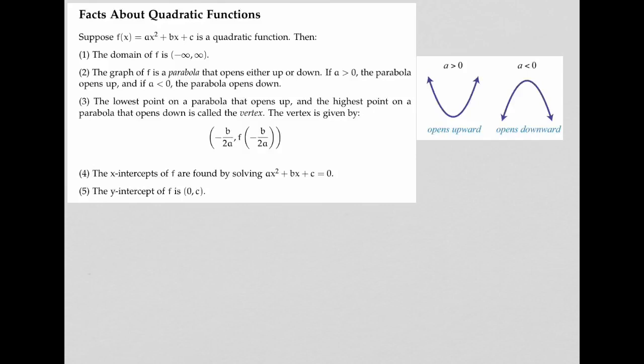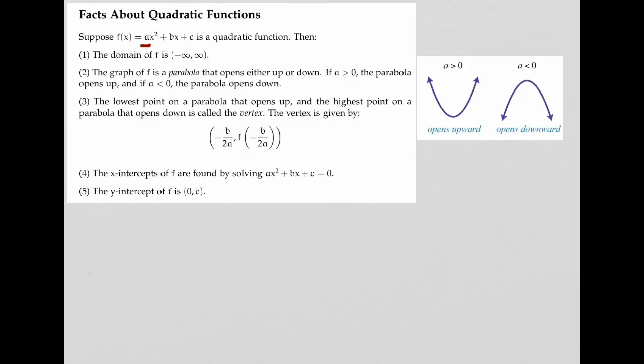Fact number 2 tells us that the graph of any quadratic function is a parabola that either opens up or down, as illustrated on the right-hand side of the screen. If a is bigger than 0, then the parabola opens up, and if a is smaller than 0, the parabola opens down. a is the coefficient of x squared.